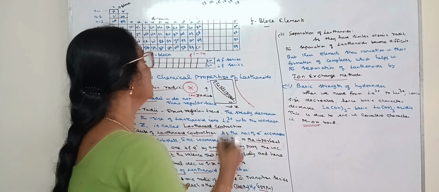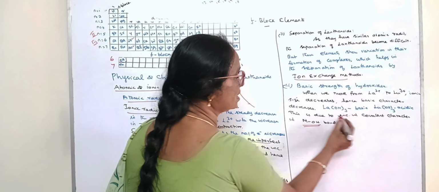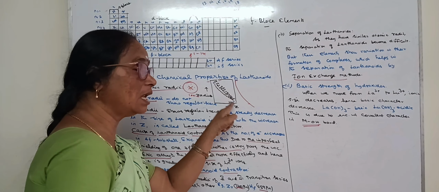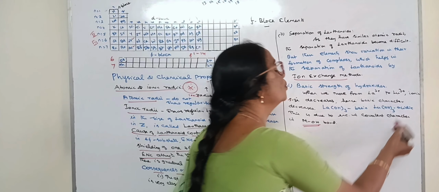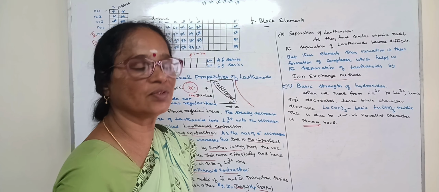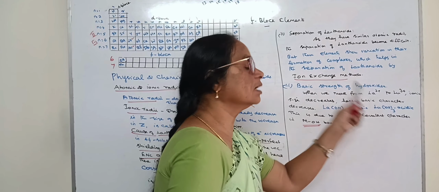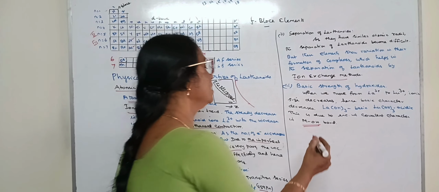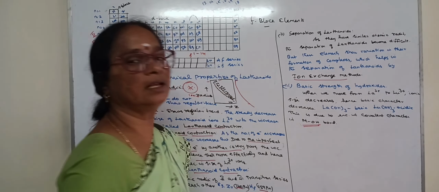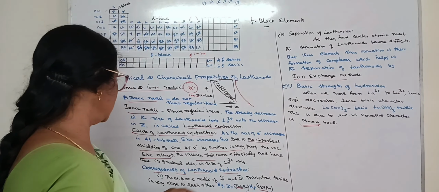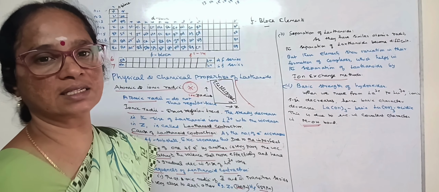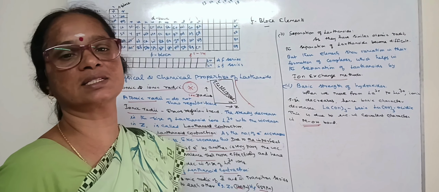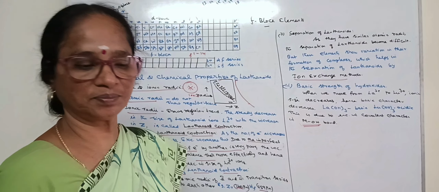So we can say lanthanum hydroxide, La(OH)3, is more basic, but compared to it, lutetium, the last element, becomes more acidic. This is because of the decrease in size of the +3 ion, which increases the covalent character in the metal hydroxide bond. That's all the consequences of lanthanide contraction. Very important topic. Always a question will be asked in your exams.